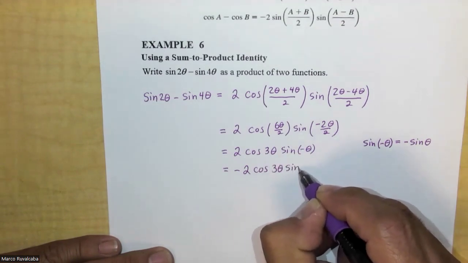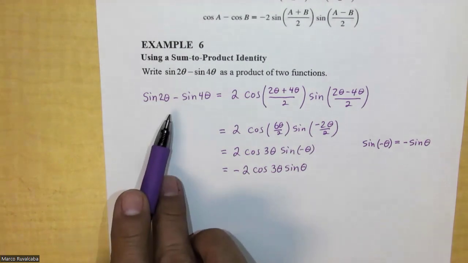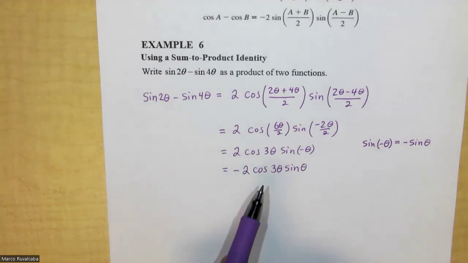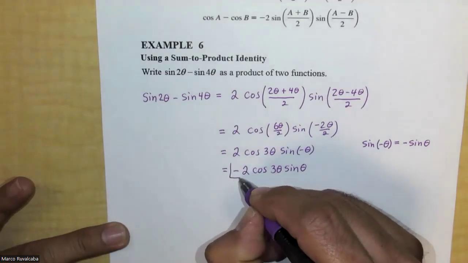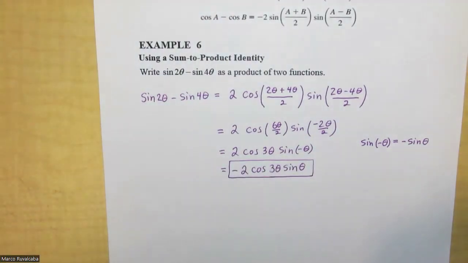And then this becomes positive theta. Now, this didn't specify that they got to be single angles. They just got to be a product of two functions. So this became a difference, which is the sum of an opposite, and now it's a product using those sum to product identities.